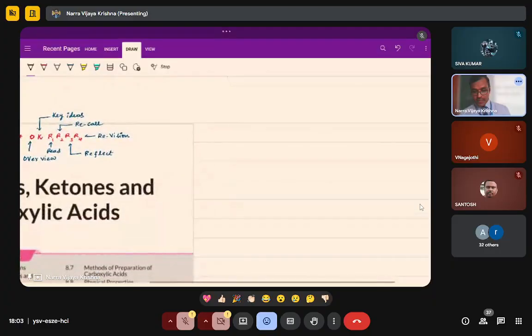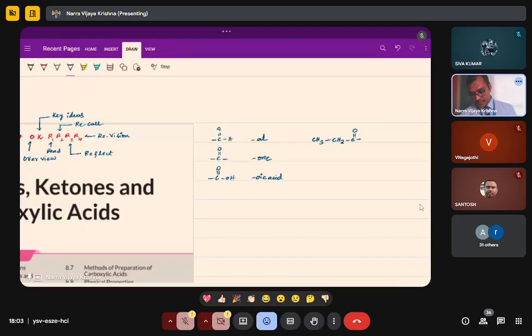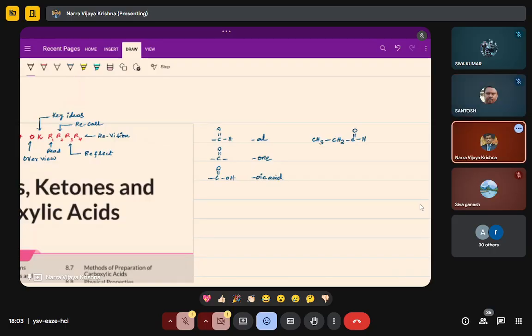If it is an aldehyde, the suffix will be -al. If it is a ketone, the suffix will be -one. If it is an acid, -oic acid. Correct? What is the name of this one? Propanal.